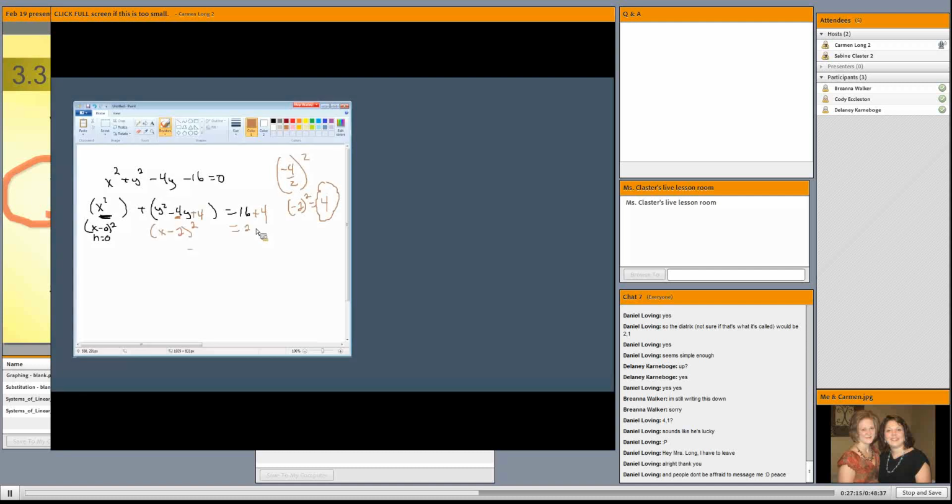Okay, so we have this problem all ready to roll. So we have x minus 0 squared plus, oh, this is a y, hello, y minus 2 squared. Because my radius, this is radius squared.